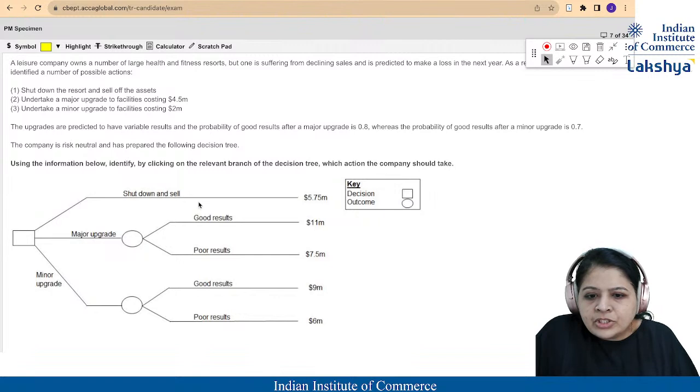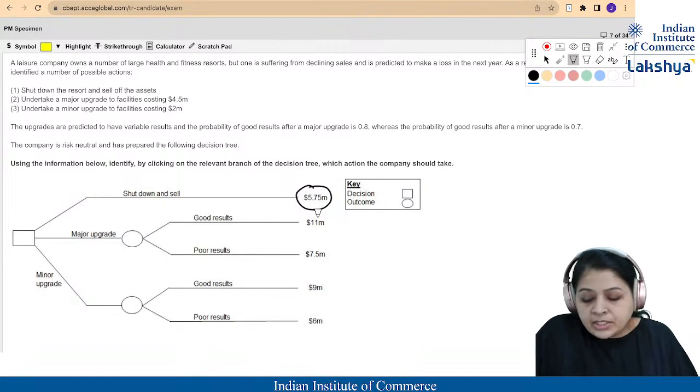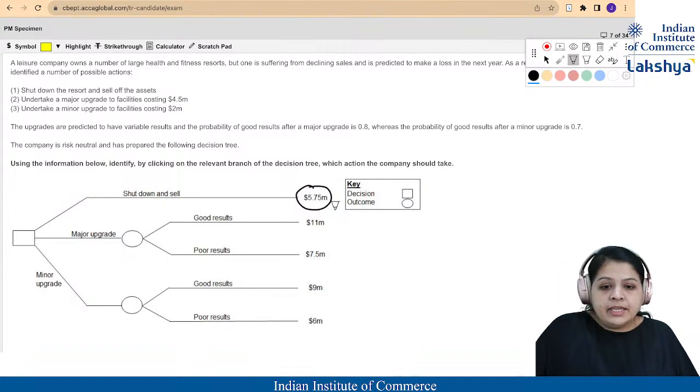So if the company is shutting down, the expense that they have is this much. If the company is taking a major upgrade, the good result is 11 million, right?